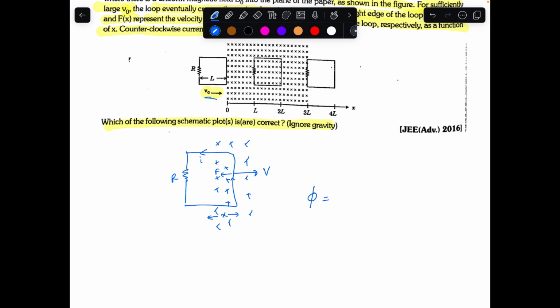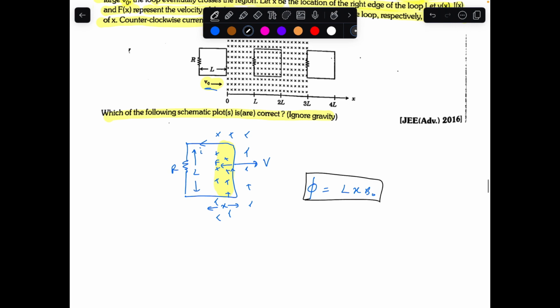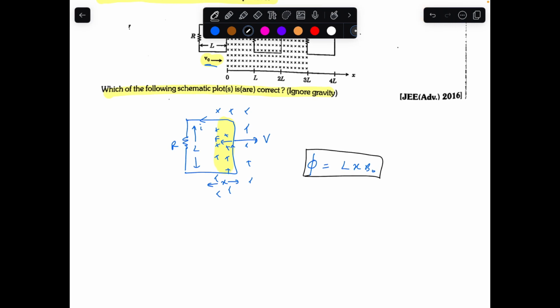What is the change in flux in this case? Phi equal to L x B naught. Correct? Area, just this area. The length of this is L. So I can write L x B naught is the flux phi. What is the induced EMF E?